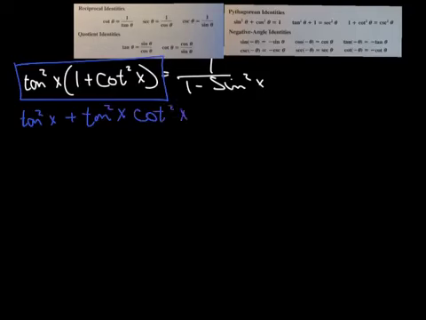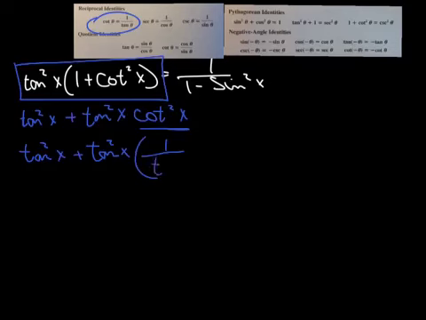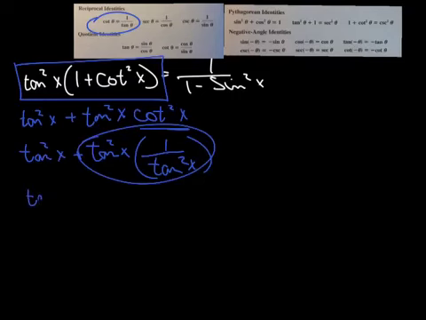Okay, and I do know that the cotangent from right here is 1 over tangent. Multiply those together, I get tangent squared of x over tangent squared of x, which equals 1.